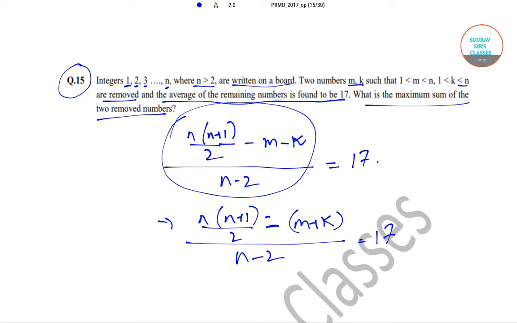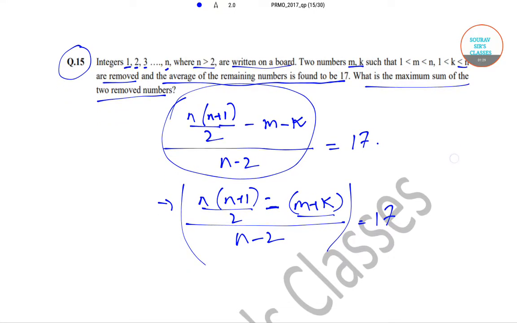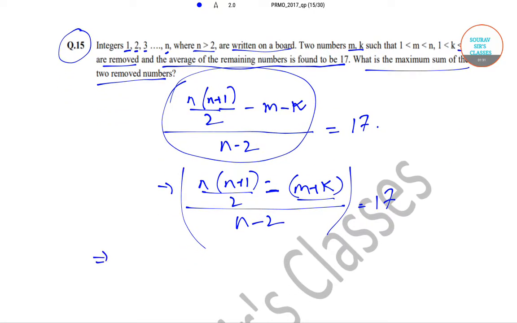So if m plus k is maximum, then the entire structure will have the least value, and if m plus k is minimum, the entire structure will have the maximum value. Now m plus k is maximum if m is equal to, suppose, n.